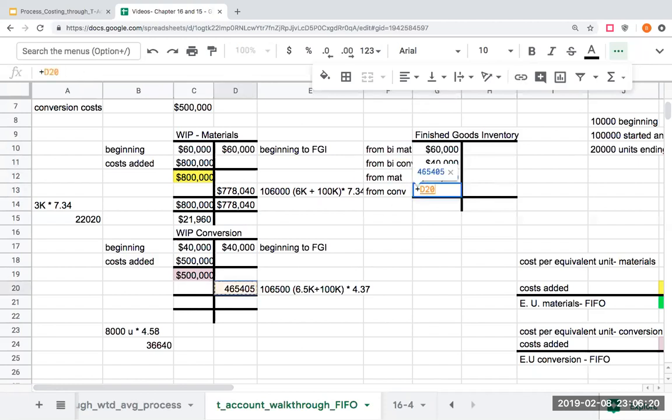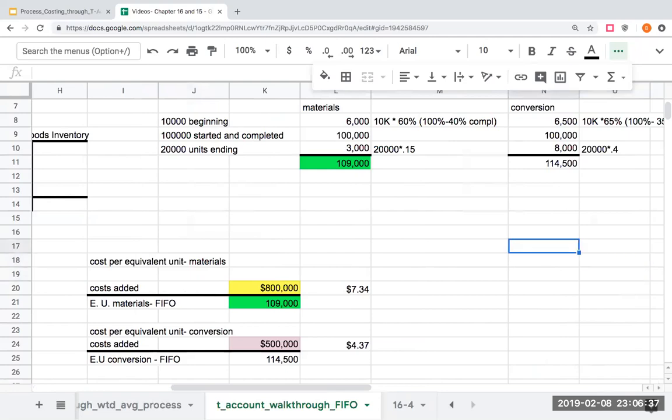So here I've got 465,405, and my ending balance in my conversion is going to be 34,595. Now, can I check my work? Sure.